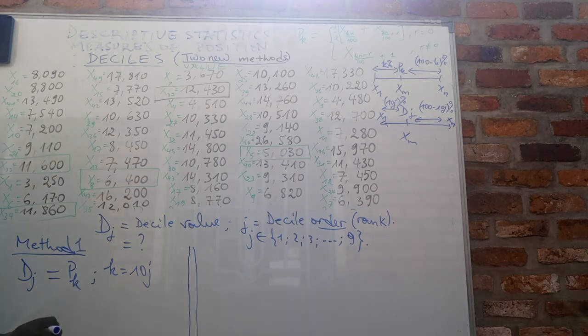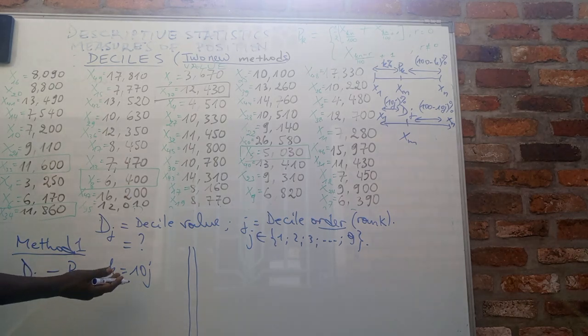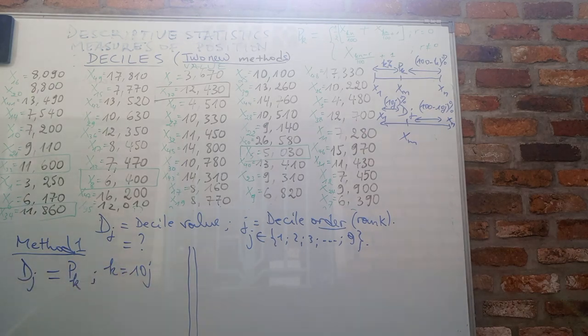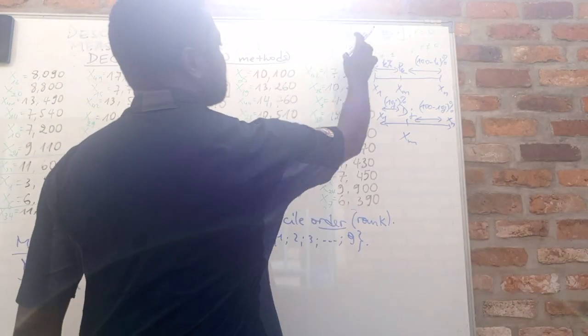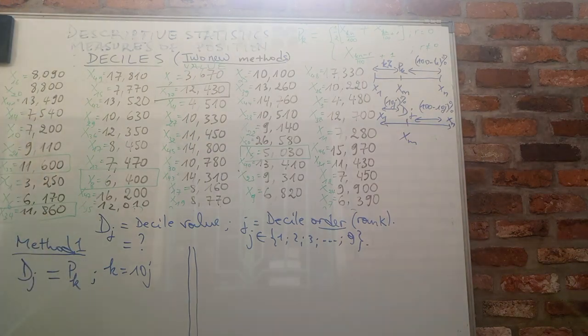Depending on the value of j, we can calculate using this formula, substituting the value of k, and then finding the decile with the first method.